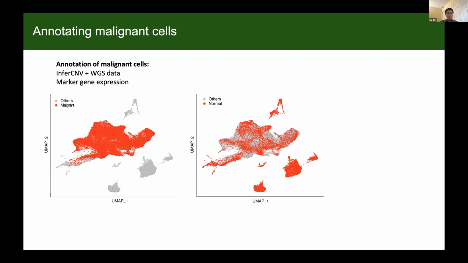So in the end, here is the annotation for malignant cells and healthy cells. As you can see, even for the neuroglia cluster, the malignant cells have quite a bit of resemblance to the normal cells in this cluster, including the neuronal cells and the oligodendrocyte cells.